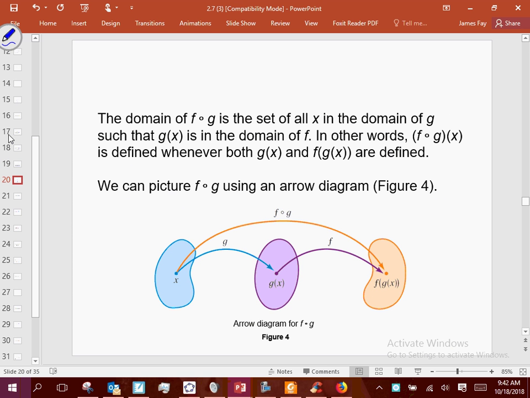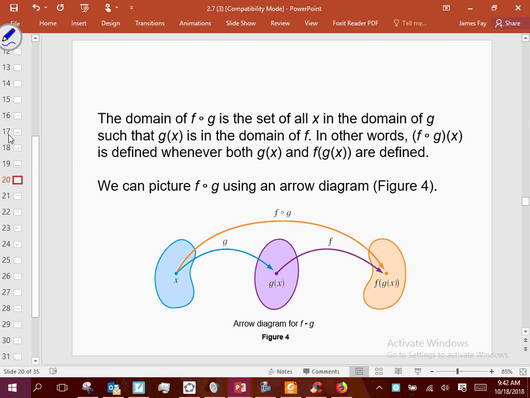It says if I look at the blue set of input values, I can take those input values and run them through the function g, and it gives me the purple outputs, right? Those purple outputs now become an input value for a second function f. And when I run those through f, I get the final output that shows up in that orange bubble, right?